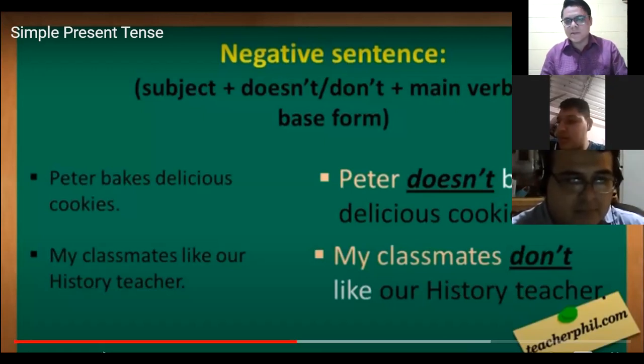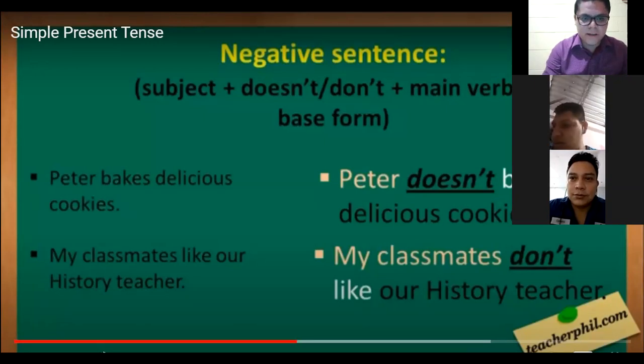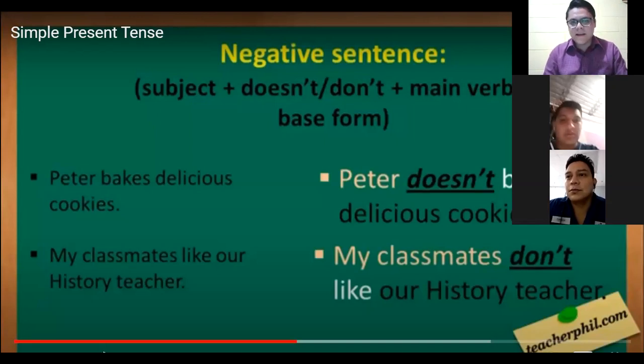You're going to use don't. I don't, you don't, we don't, they don't. But for third person, meaning he, she, or it, we're going to use doesn't.